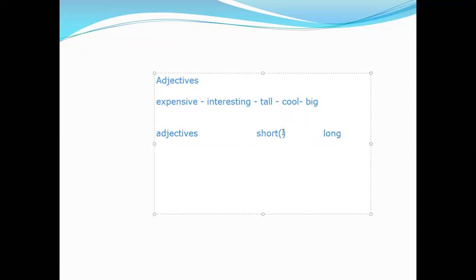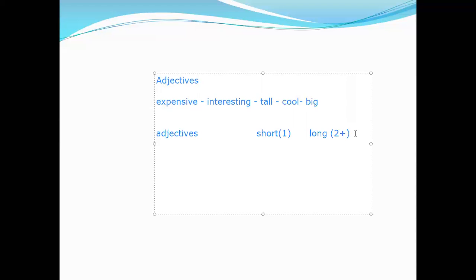Only one syllable. This is the main characteristic. And a long adjective is going to be an adjective that has approximately two or more syllables. Okay, so in this case, we got two or more syllables.